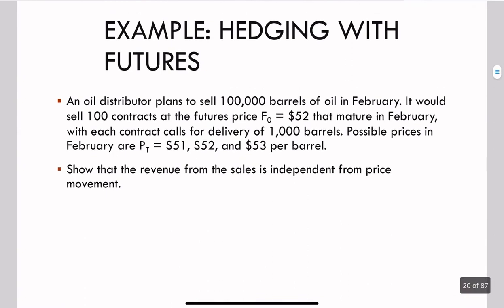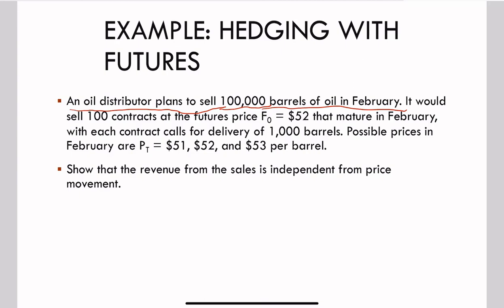Okay, now let's look at this second example. This is an example about hedging. Let's say an oil producer wants to sell 10,000 barrels of oil in February, and it wants to hedge against price risk using futures.